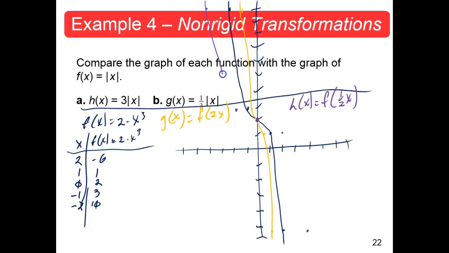So this is now your h function. A horizontal stretch. Where the orange function was a horizontal shrink, this is a horizontal stretch. Make sense?